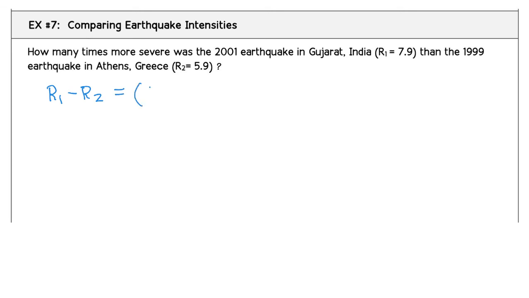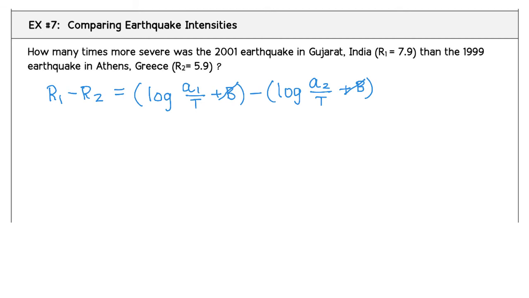So that's going to say log A1 over T plus B, and then that's going to be minus log A2 over T plus B. Right? And notice our B's will cancel each other out.